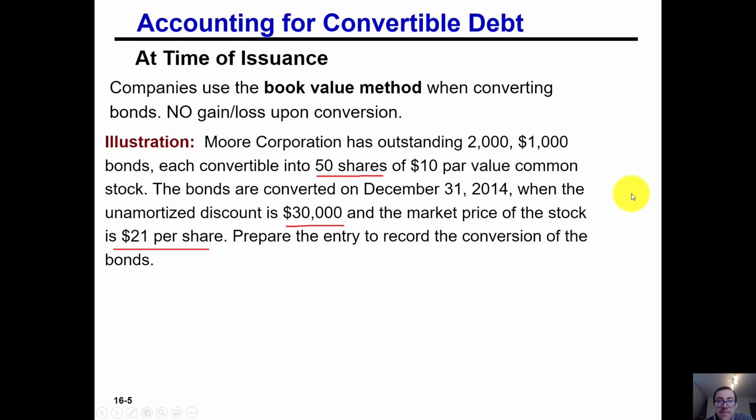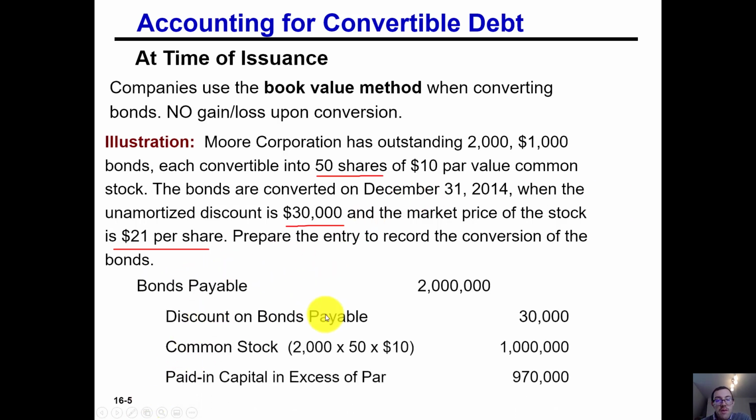So here's what we're going to do. Conceptually, guys, when you convert it, think of the balance sheet. Pretty clear then that your liabilities are going down and your equity is going up. And that's exactly what we're going to do. You see bonds payable goes down by $2 million. That's just the 2,000 times $1,000 face value. Also, your discount goes away, so you want to credit that discount.